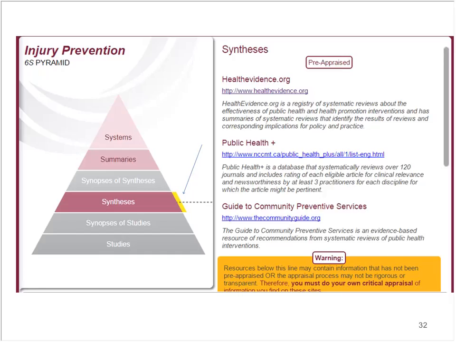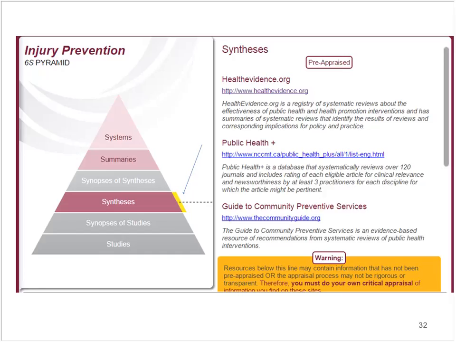Again, this is efficient because then you don't have to go and look at all those single studies, because someone's done it for you. So the day that you find a good quality systematic review that's on topic and relevant for you is a happy day, because it really means that you can get on to the work of making your decision and implementing your intervention.